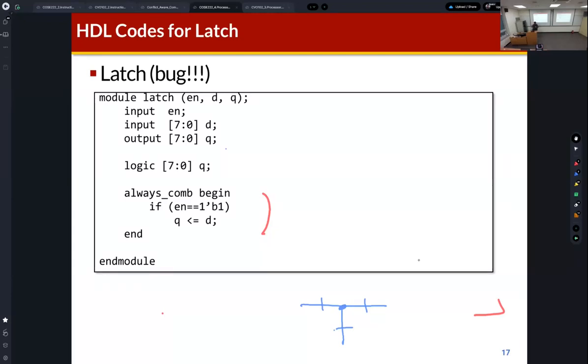In order to implement a digital system, we need to use hardware description languages. It is different from high-level languages such as C. The syntax is very similar to C, but the purpose is different.